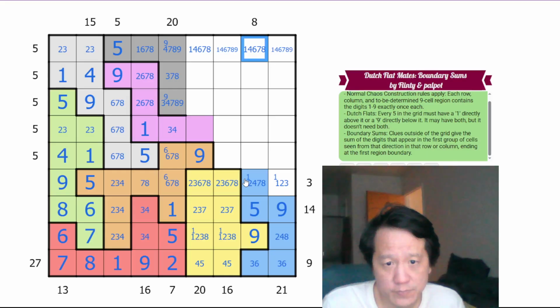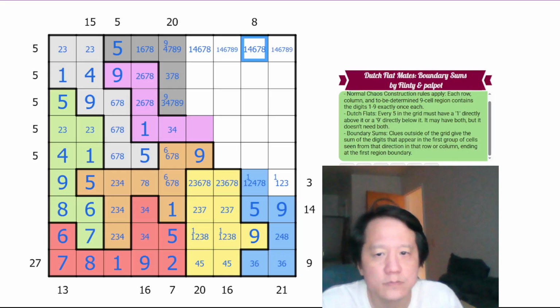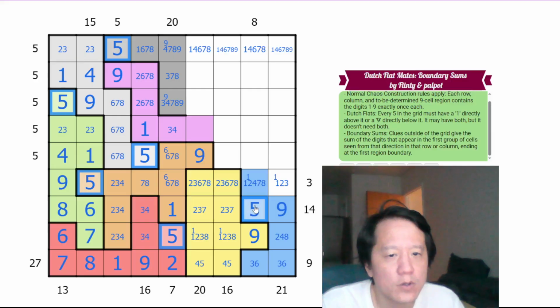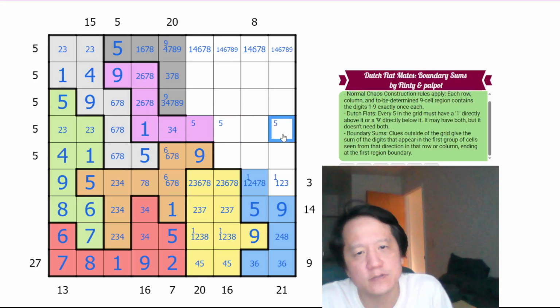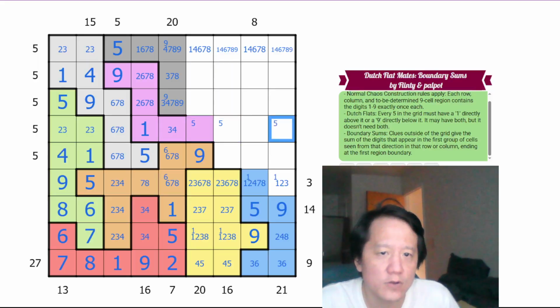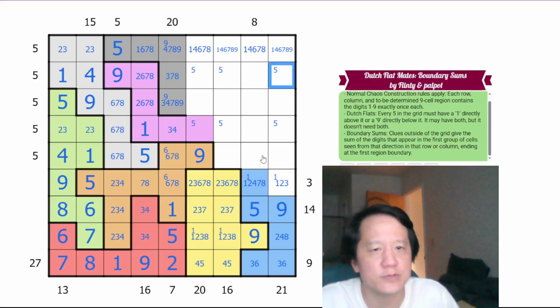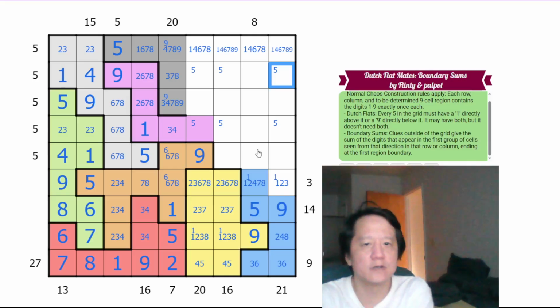We have a 5 in one of these 3 cells. And we have a 5 potentially available in one of those 3 cells.